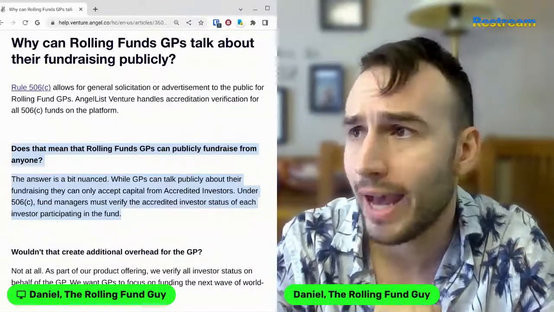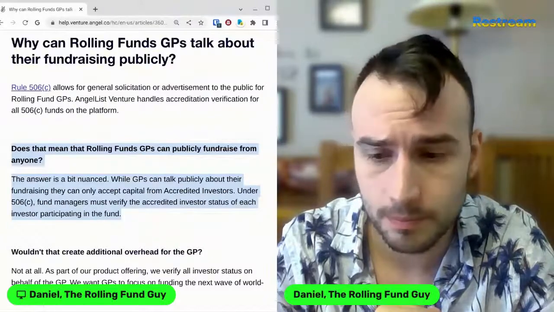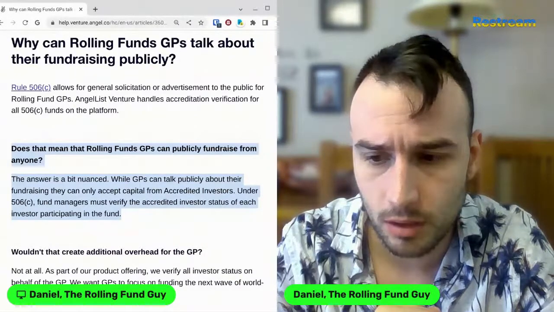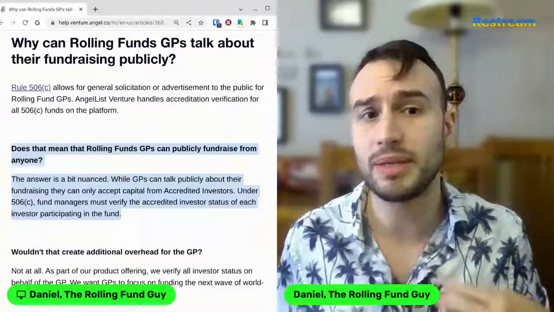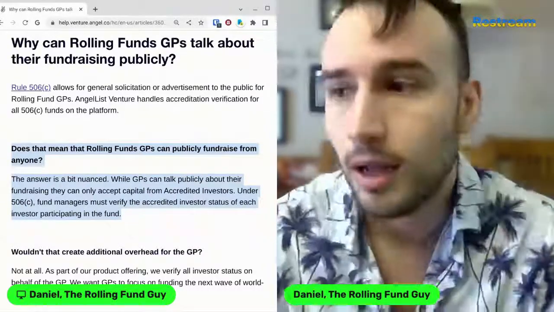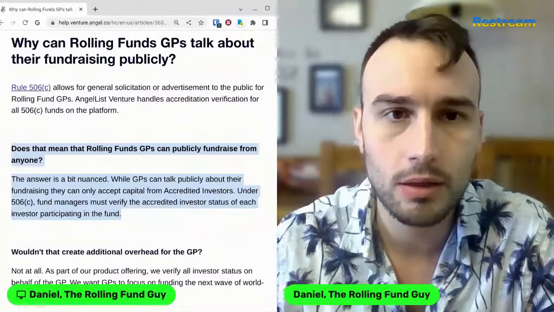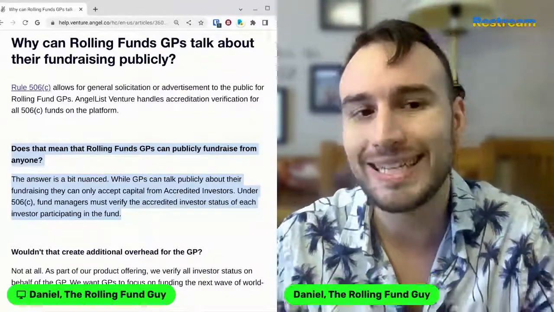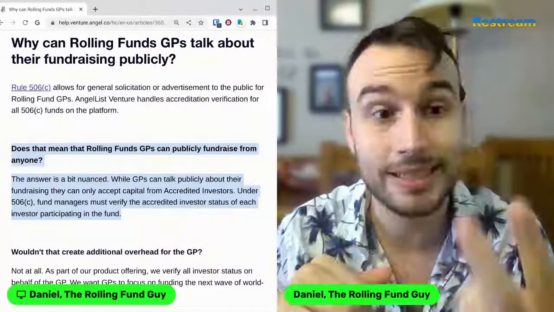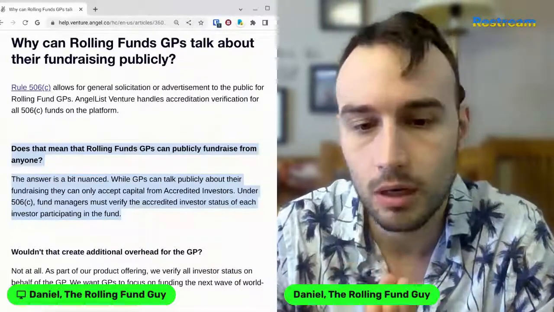Also, the fact that you have a limited number of LPs that you can bring into a rolling fund, I think that's a good thing for you as a fund manager, because it creates a natural exclusivity, scarcity, and urgency.